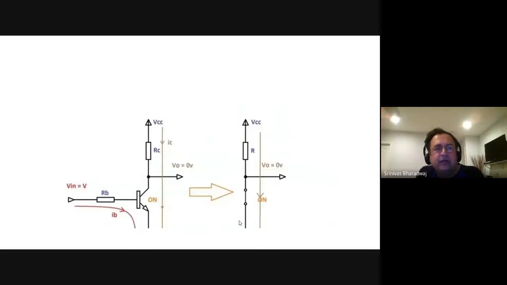Now there are two types of gates, right? So look at this. Here the transistor is on, right? The IB is there, the transistor is on, and therefore whatever voltage you're applying just passes through.